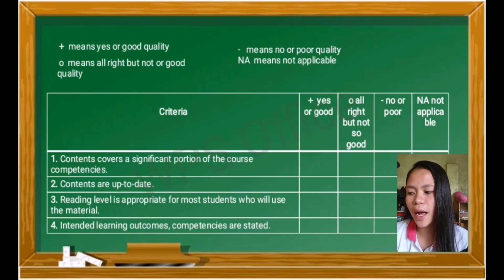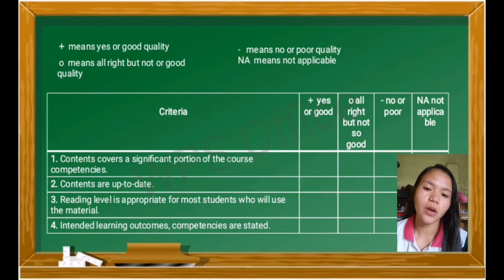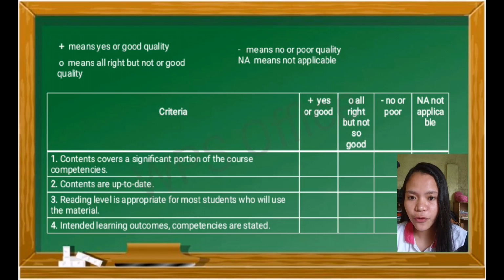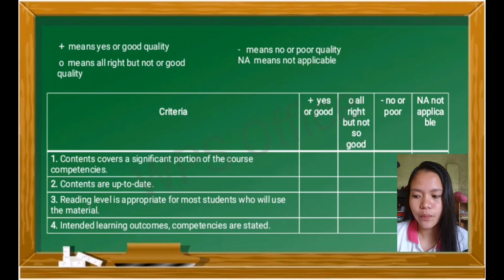The plus sign means yes or good quality. The sign of O or zero means all right but not good quality. The negative sign means no or poor quality. And NA means not applicable.